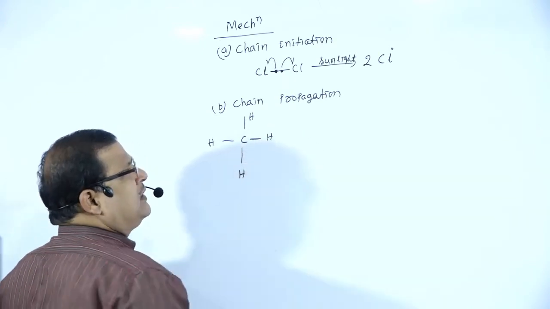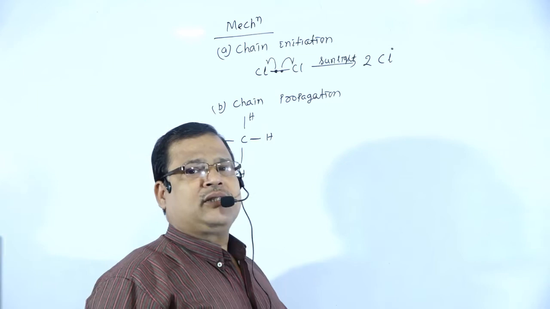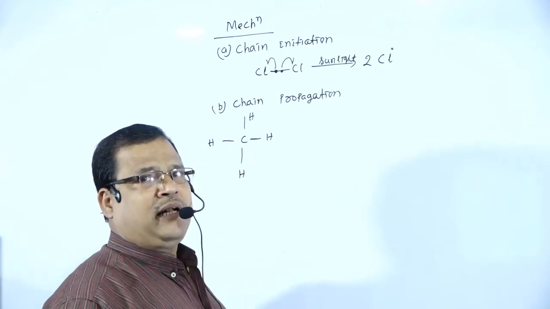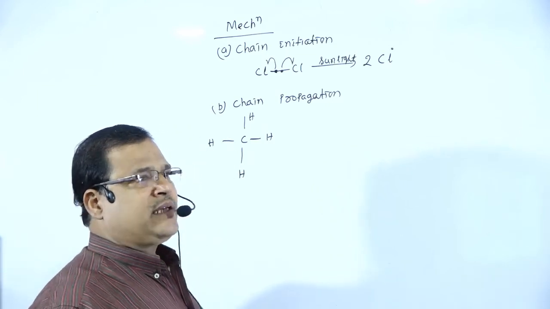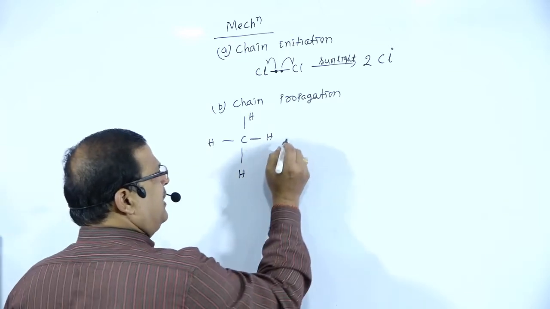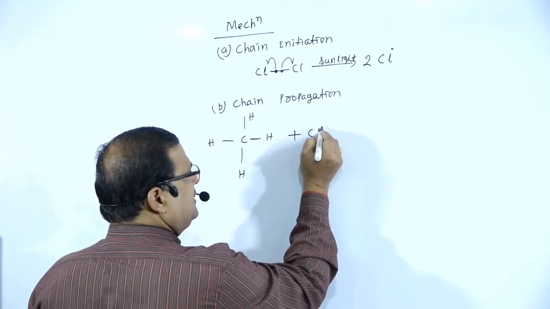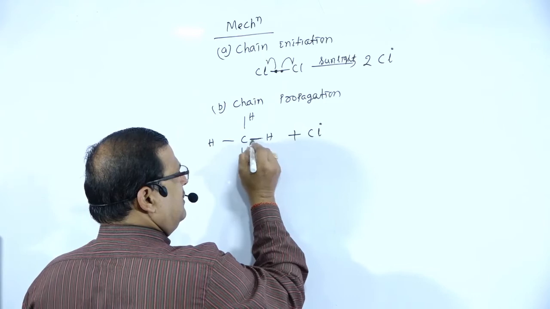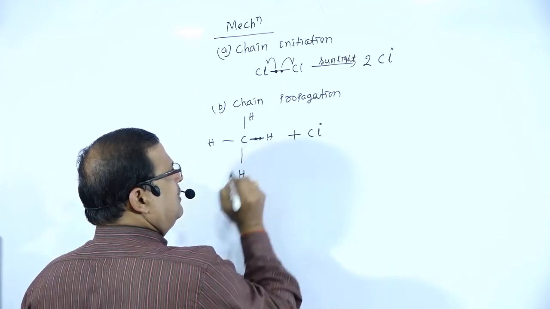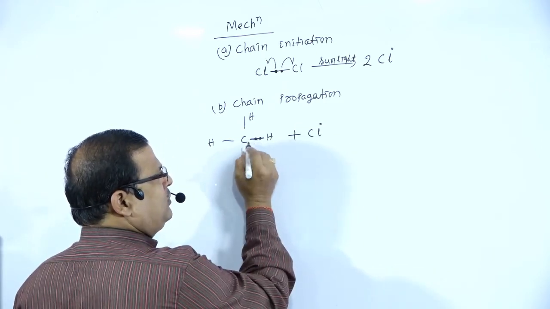We know that a free radical always results in the formation of another free radical by homolytic cleavage. Cl dot. So this is the bond, mutual sharing.